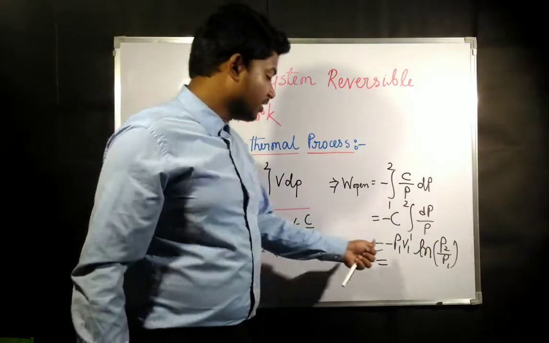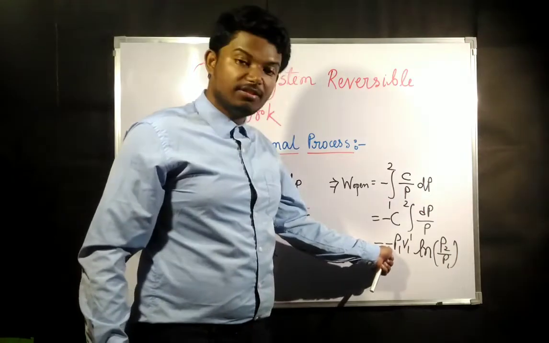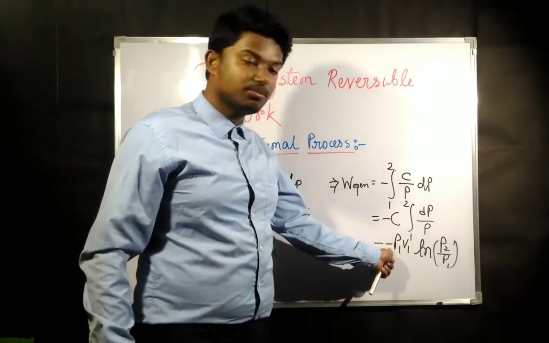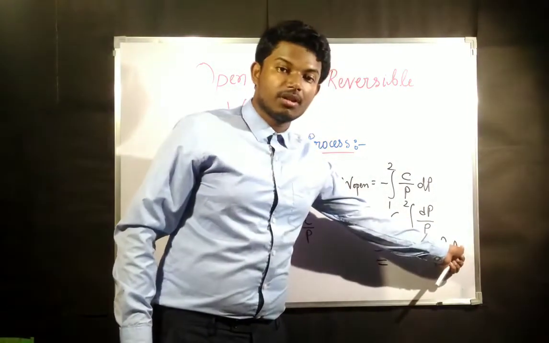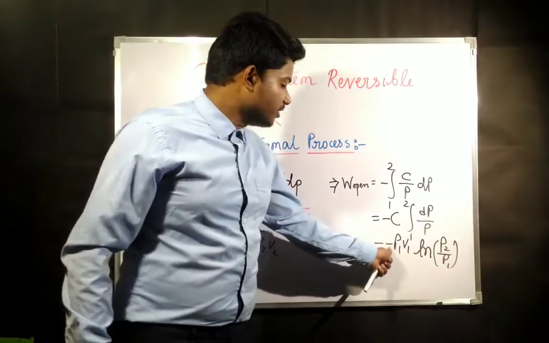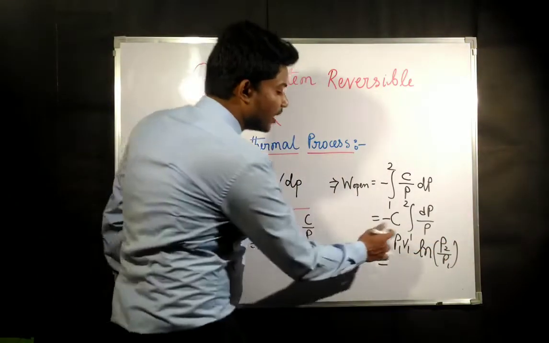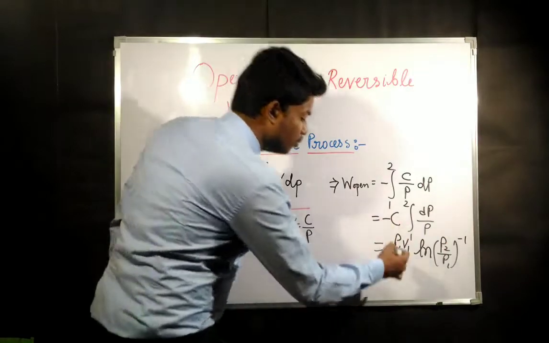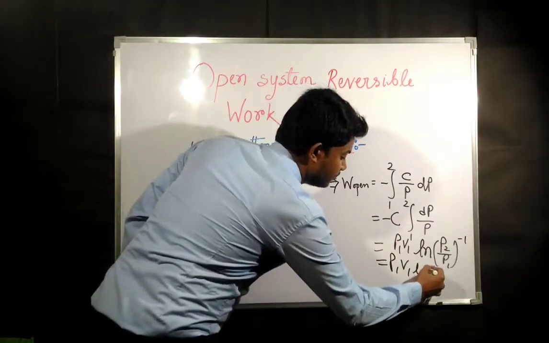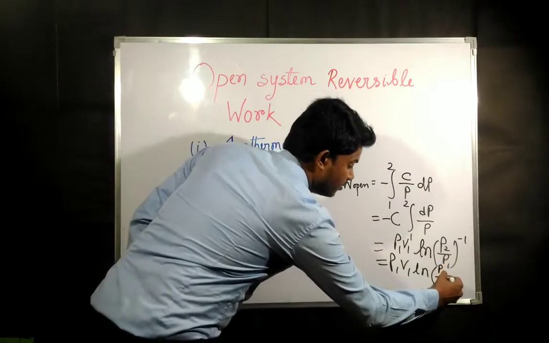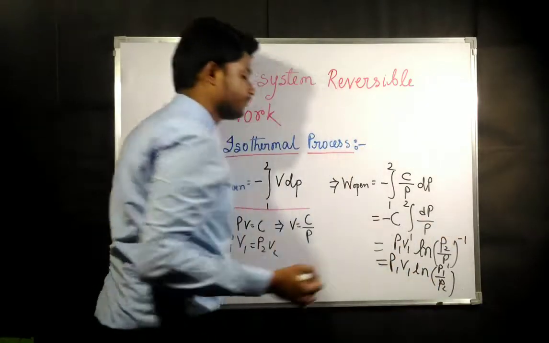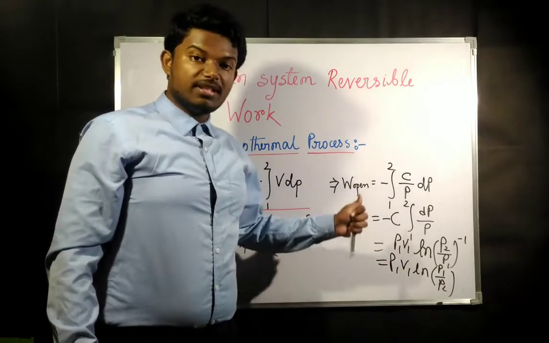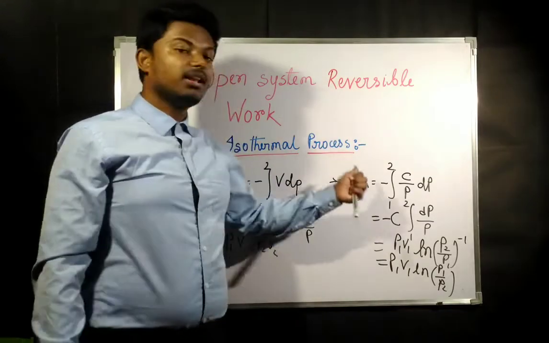There is a rule for logs: if something is a power, it can be taken as a multiplier. So minus ln of p2 by p1 can be written as ln of p1 by p2. In the next line it becomes P1 V1 into ln p1 by p2. This is the expression for W open in an open system reversible isothermal process.